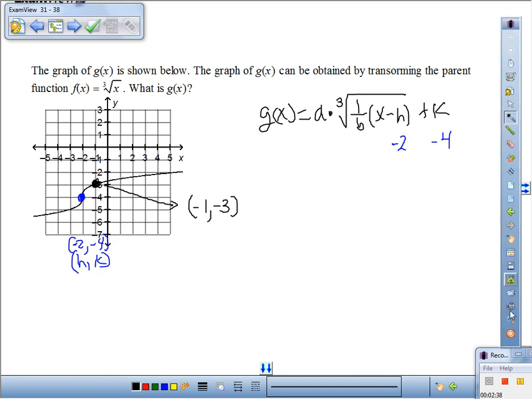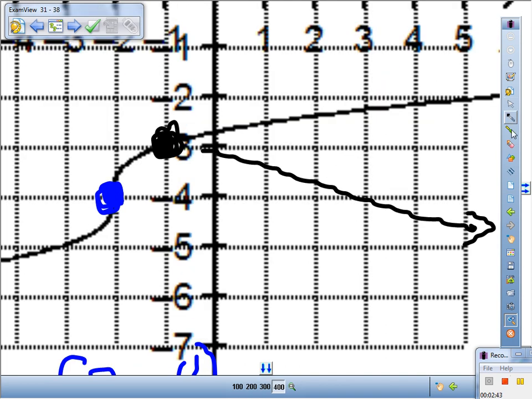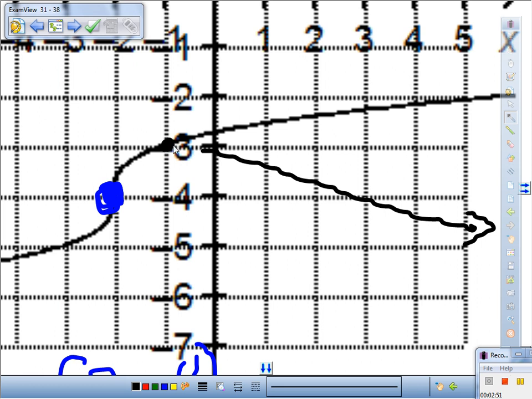So what I mean is that, let me zoom in. Notice that the graph is passing right at the point that this and this intersect, about right there. I can pick a point here, but then I'm going to be working with decimals. So we need something that's like a whole number or an integer.